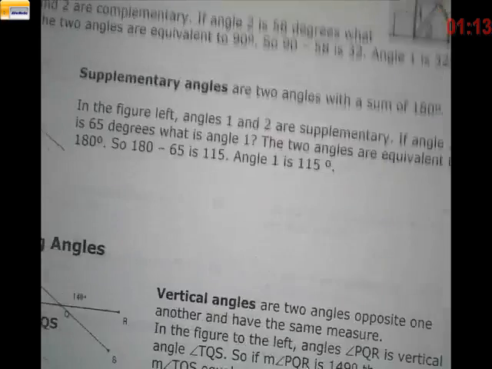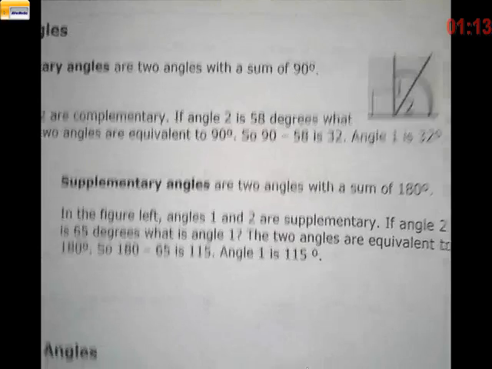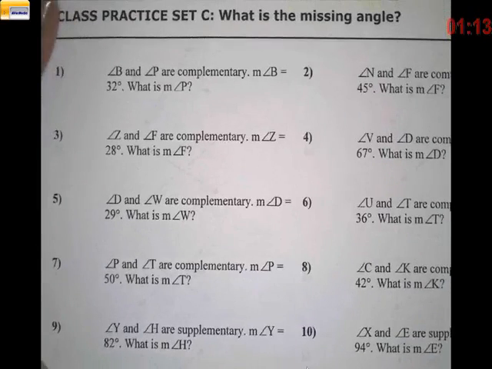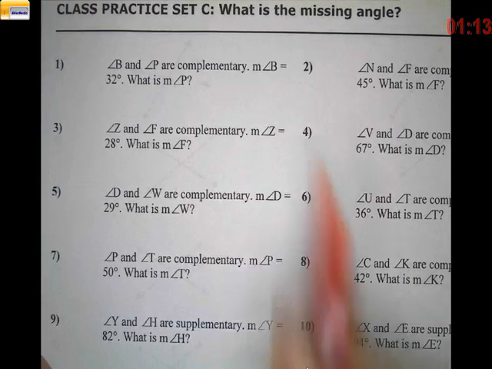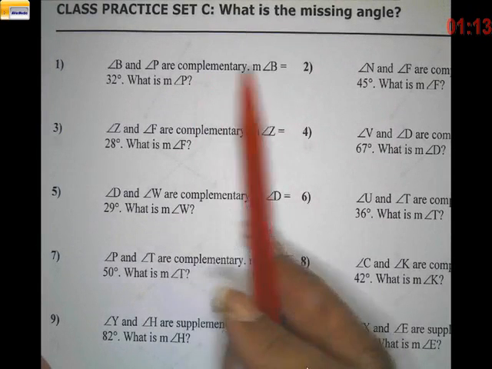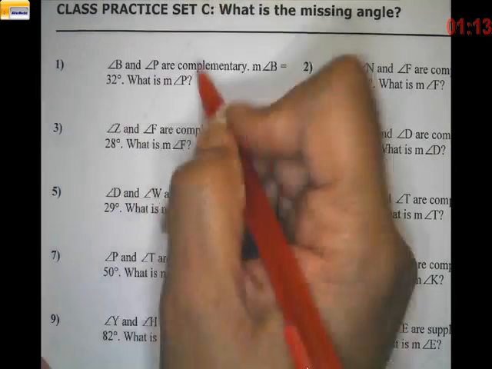Page 9 is a review of complementary and supplementary relationships and vertical and linear relationships. Okay? So on page 10, if I tell you that angle B and angle P are complementary, and the measure of angle B is 32 degrees, what's angle P?